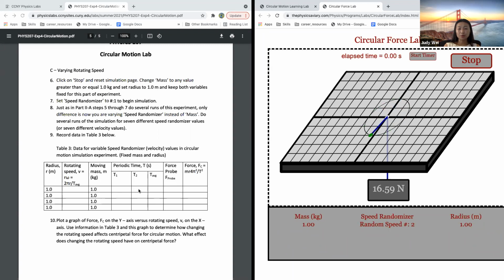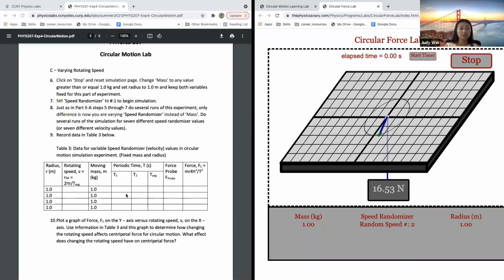Then you do a second time, you repeat one more time, count for 20, and divide by 20, then you have T2, and take an average of the 2 T's, and you have a T average. So 2 pi is constant, R is constant, and you can calculate the speed here, V1. After you finish, record the force probe and then calculate the centripetal force.